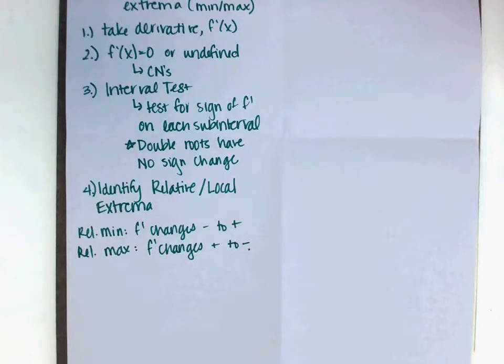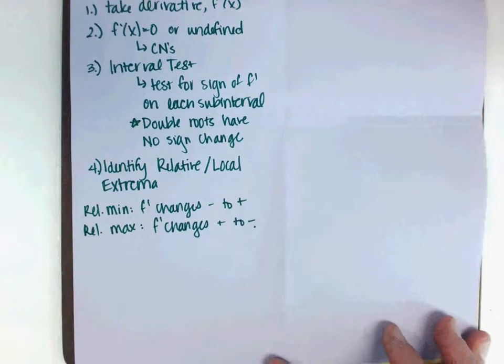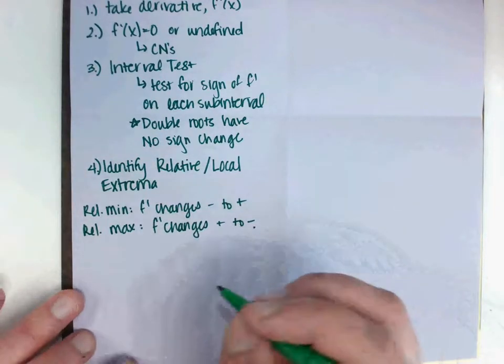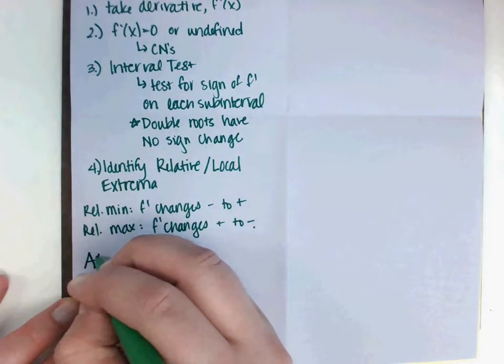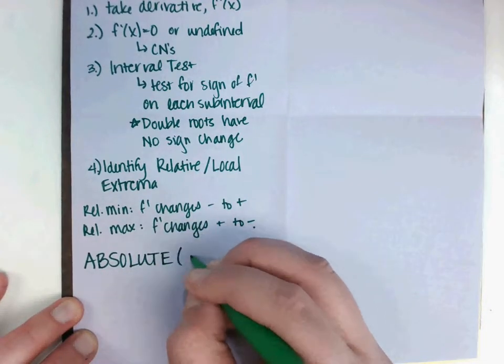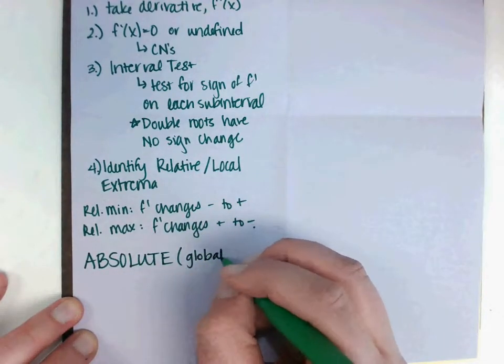The only other thing I'm going to add to that is that make sure that you also understand an absolute extrema, and I'm going to put in parentheses, that's the same as global.